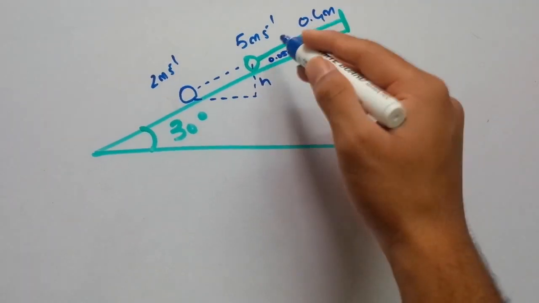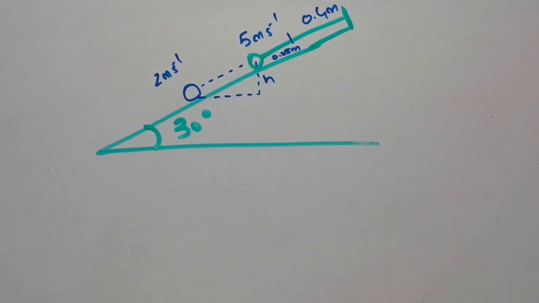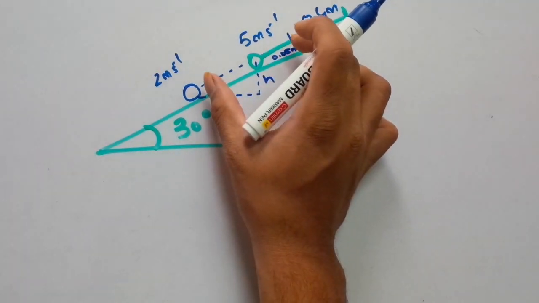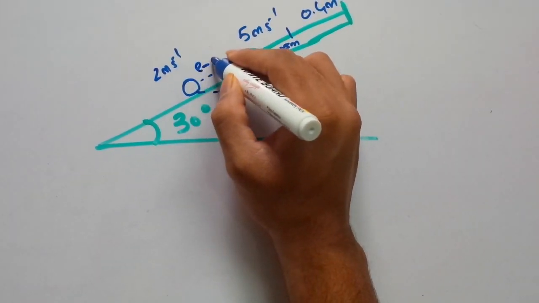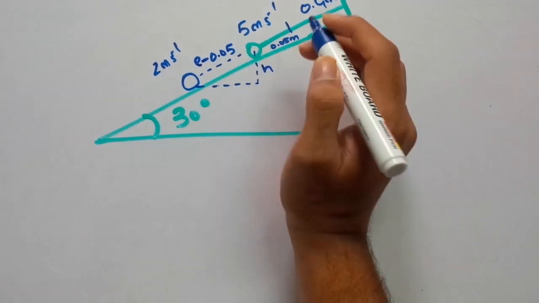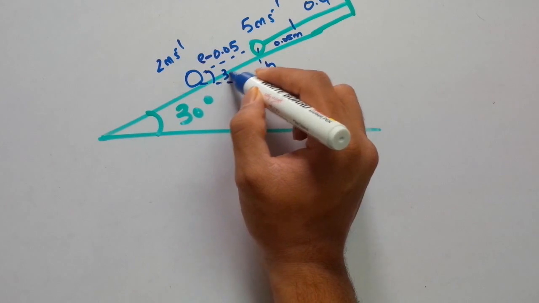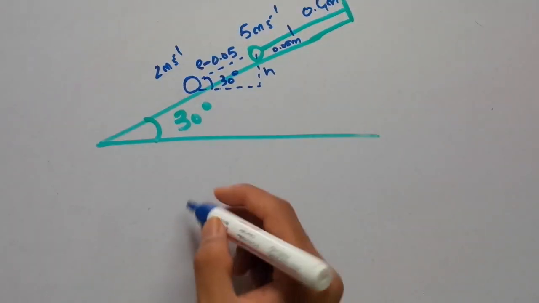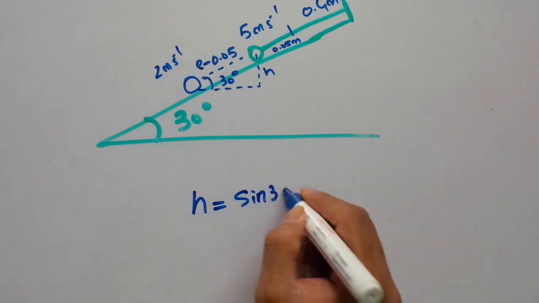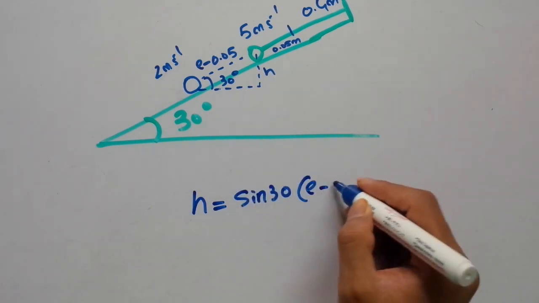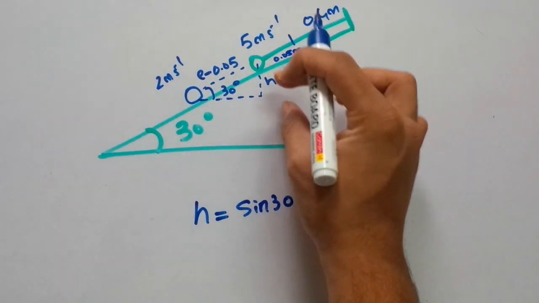And this whole extension is E. So this is going to be E minus 0.05. And h is given by, this angle will be 30, sine 30 into E minus 0.05. This is the height.